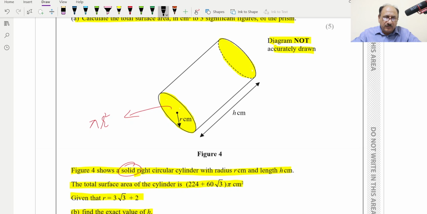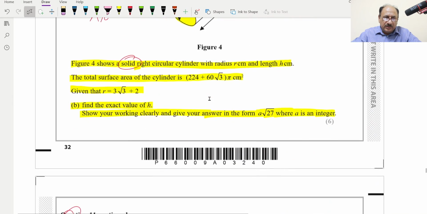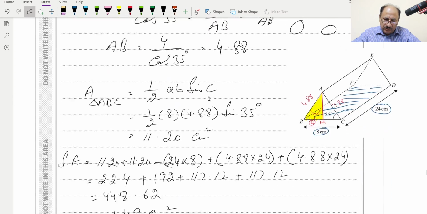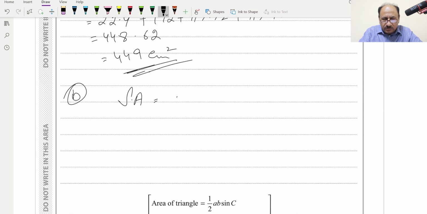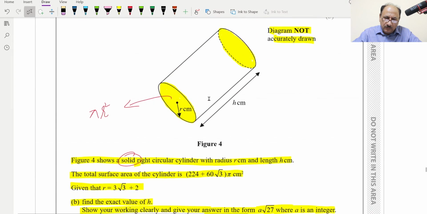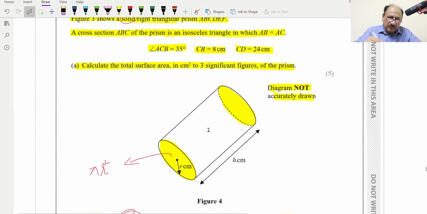For that one we can write here pi r squared plus pi r squared. So if we want to write the formula for B part, surface area of the cylinder will be equal to 2 pi r squared, plus we need the curved surface area also, and curved surface area will be basically this portion which is curved.